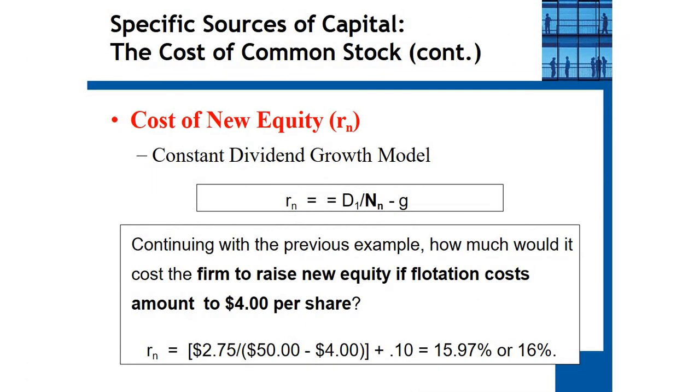But the cost of new equity is 16%, which is slightly higher than the cost of retained earnings. This is just because of the flotation cost, as there is always a cost to issue new shares. The cost of new equity will always be higher than the cost of retained earnings.